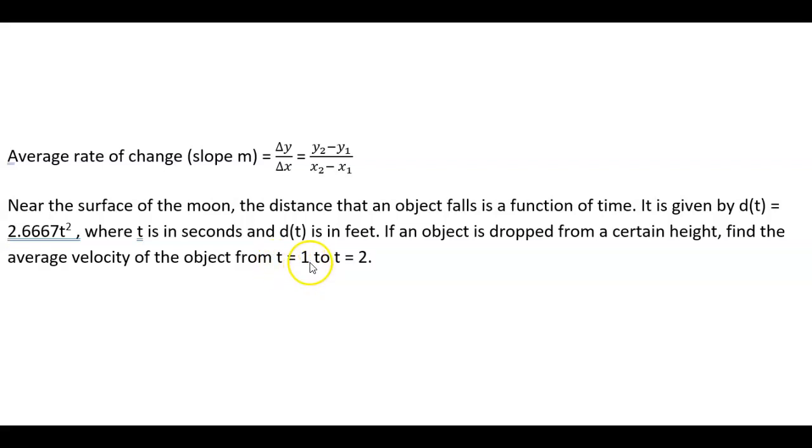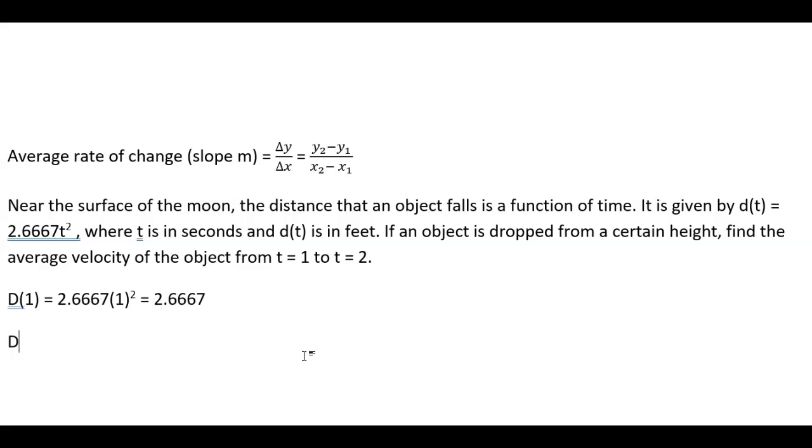So to find our y values, let's plug a 1 and a 2 into this distance formula. So d of 1 is going to be 2.6667 times 1 squared. I'm going to have 2.6667 times 1, which is 2.6667.